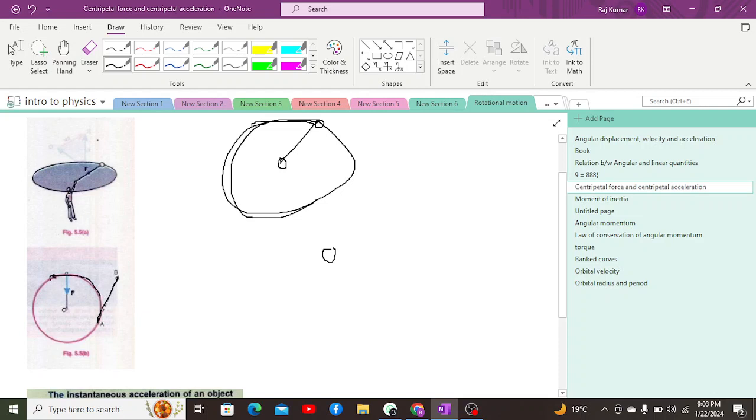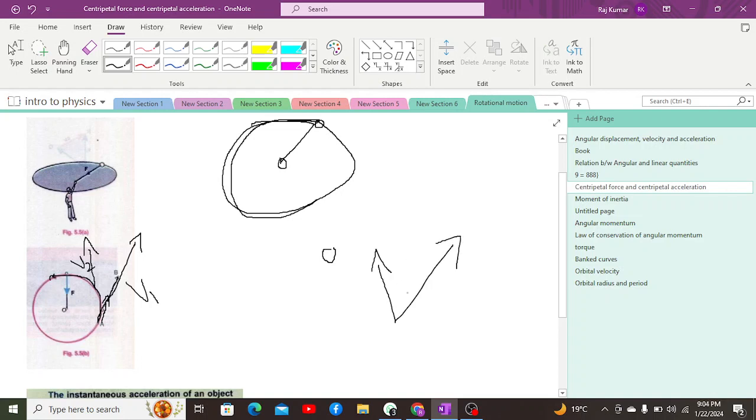So in other words, its velocity, which is the rate of change of displacement, will be considered in this direction, while after an instant delta t, the velocity of the particle will be in this direction. That would be considered as v1, and this as v2.